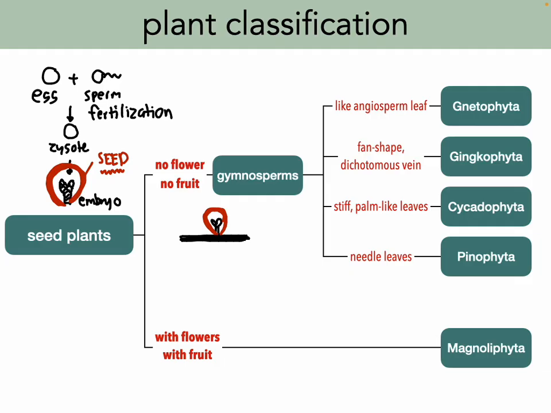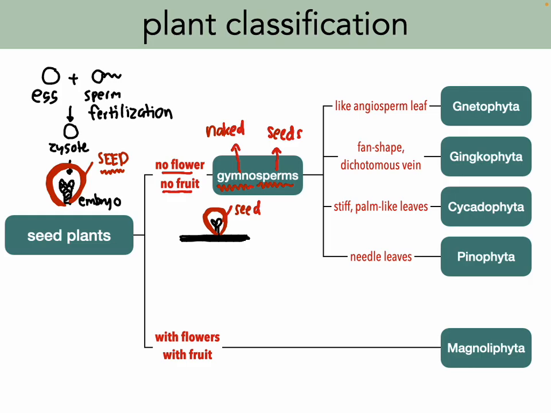This group we call gymnosperm. Gymno means naked. Sperm doesn't mean sperm in this case, it means seed. This is a group of naked seed. So the seed is just hanging out on the branch, no protection, just a seed. The embryo is protected by the seed, but the seed is standing by itself. So no flower, no fruit.